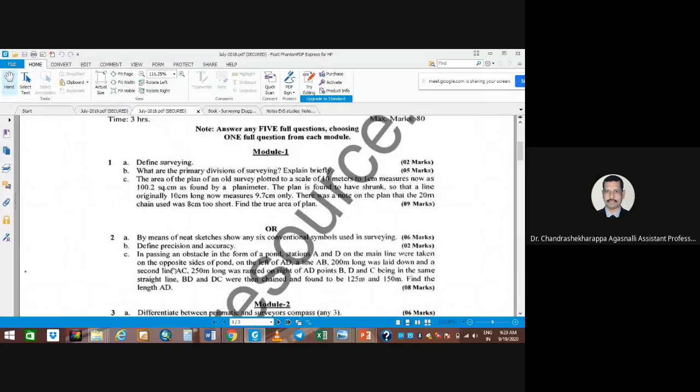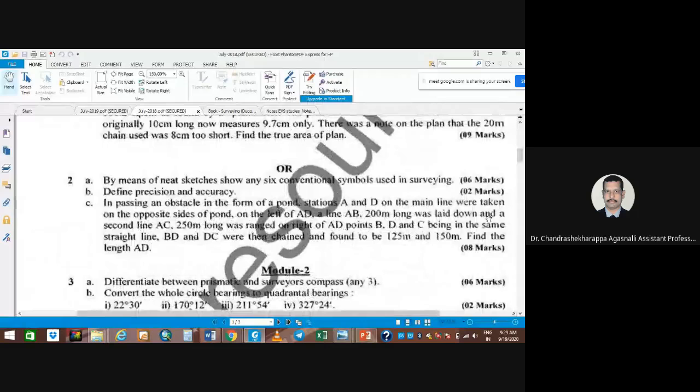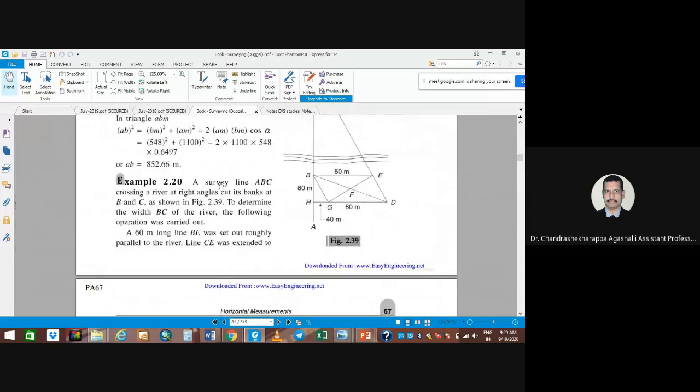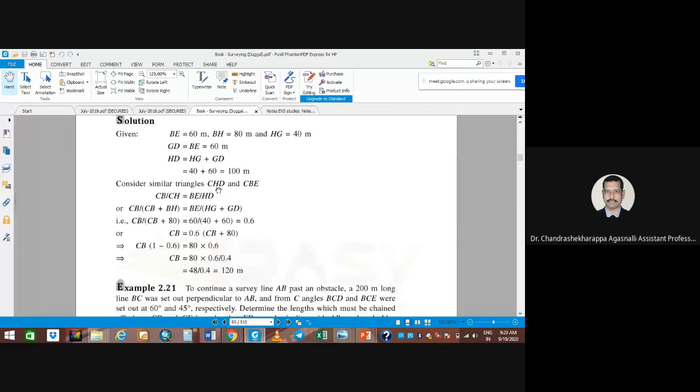So here is a pond, or maybe a river. Here we are looking at the opposite sides of the pond, or you can call it a river. Just as we discussed how to find the width of the river, this is how the problems come. This is one type of problem, a very simple problem.